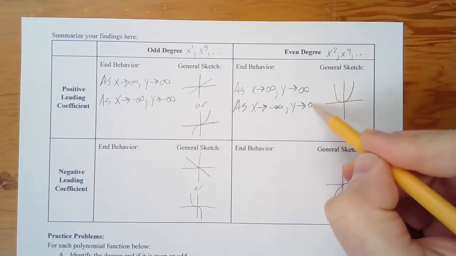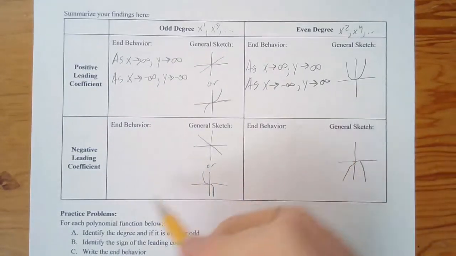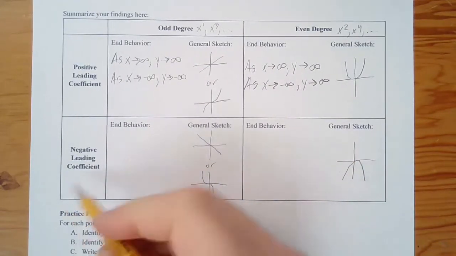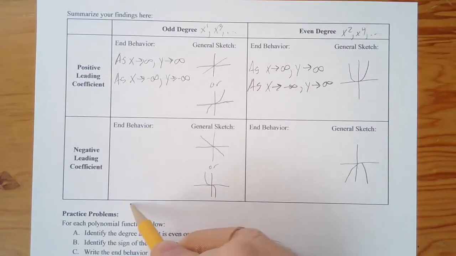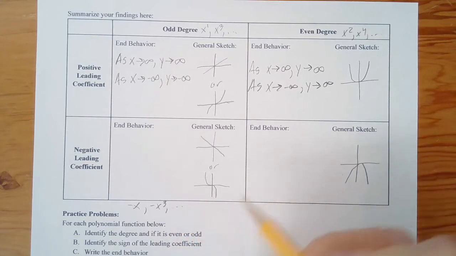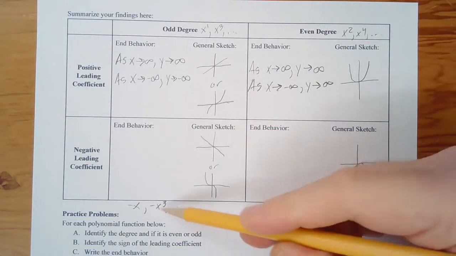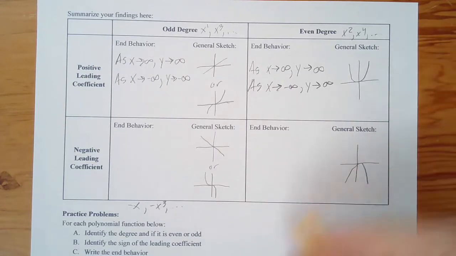All right. And then what about if you had a negative leading coefficient? So these would be like negative x or negative x to the third, etc. What happened here? Well, it just basically flips these upside down, right? Makes sense. It causes a reflection over the x-axis.